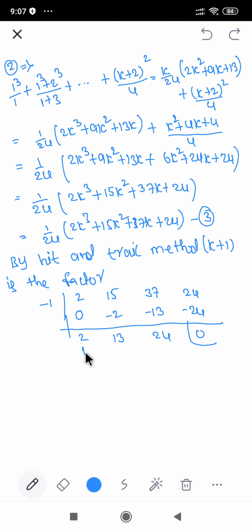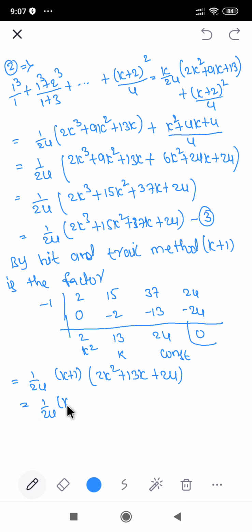So this is the k square term, this is the k term, this is the constant term. So that is equal to 1 by 24 into, we got k plus 1 as the factor, and the remaining is 2k square plus 13k plus 24. Now we need to factorize this also. 1 by 24 into k plus 1 into 2 times, making a perfect square form, k square plus 2k plus 1. Here in total we have 13 k's.